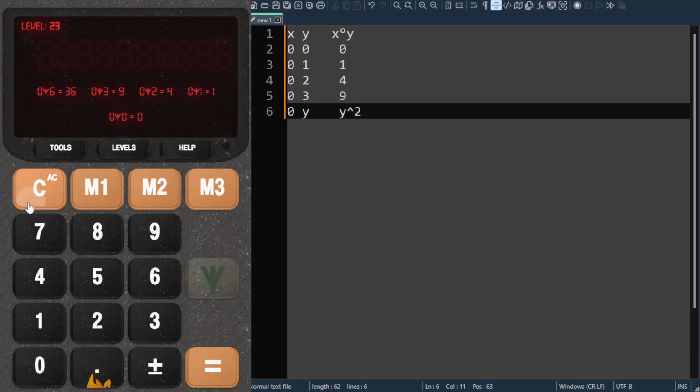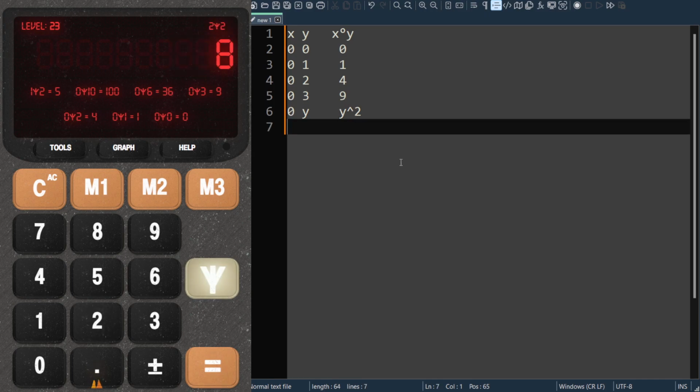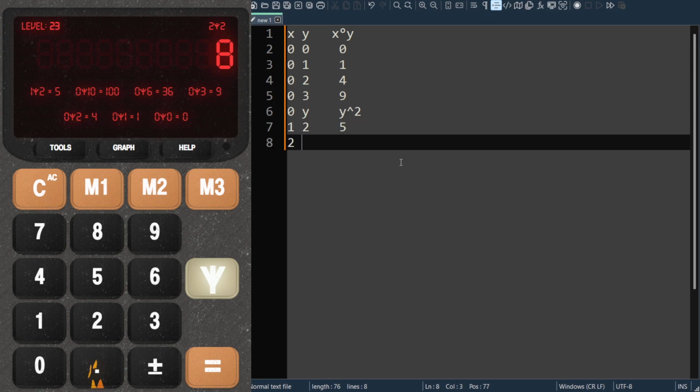Okay, and one more bigger number, because we have seen some examples of it not being able to break, but this seems alright. So what about 1g2? It's 5. Okay. What about 2g2? It's 8.